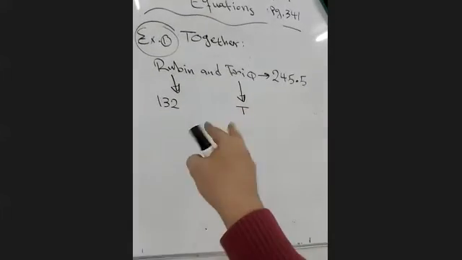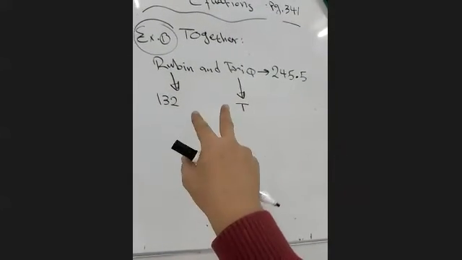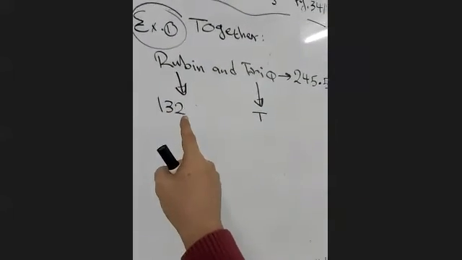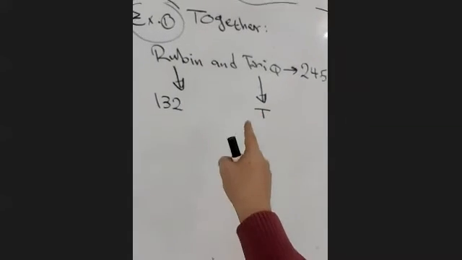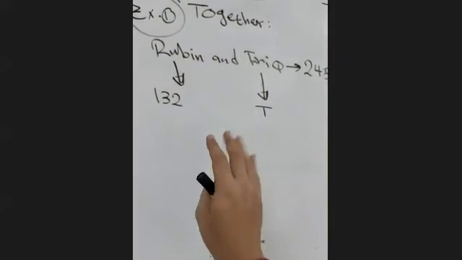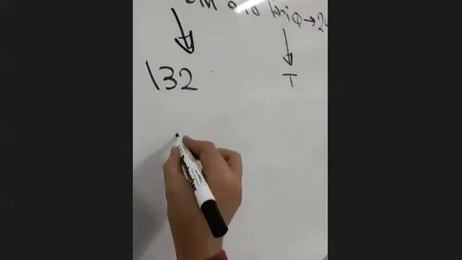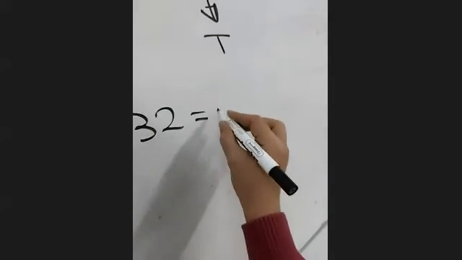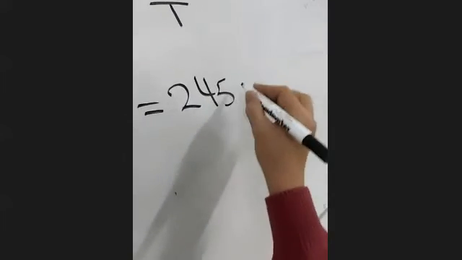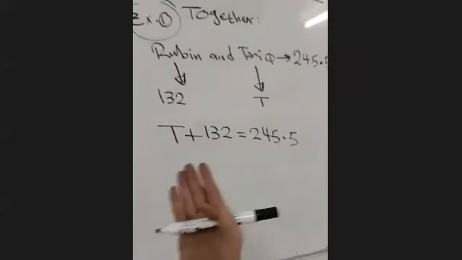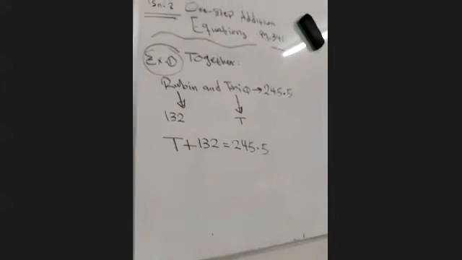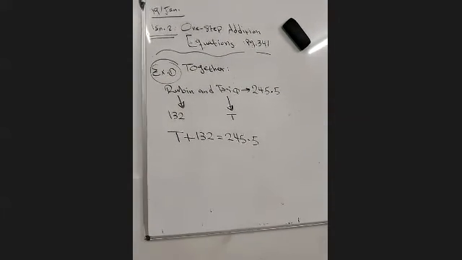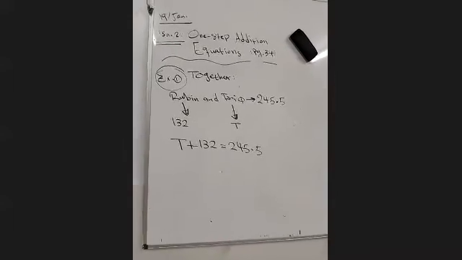But because we have addition, we can switch between them. In addition, you can write 132 plus T or T plus 132. They are the same. So let's write our equation here. T plus 132 equals 245.5. This is the equation. Now let's solve the equation.